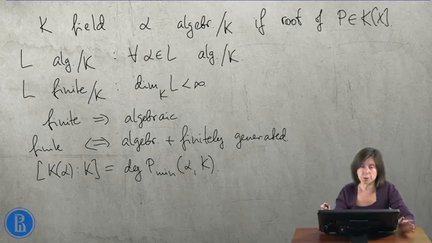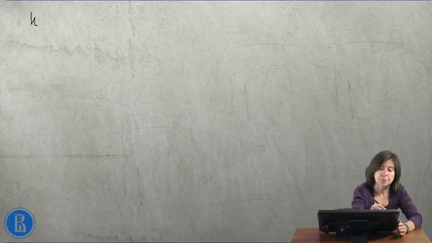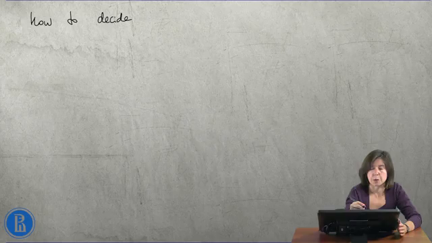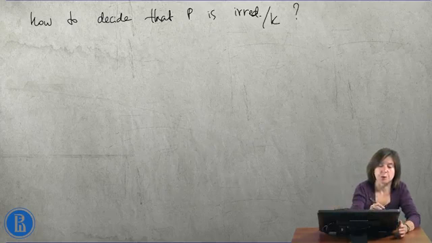And this is something you probably already know, but since it's so important, I would like to remind a couple of things about this. So, how to decide that a polynomial is irreducible over K? Well, in our example, we had a very simple polynomial.